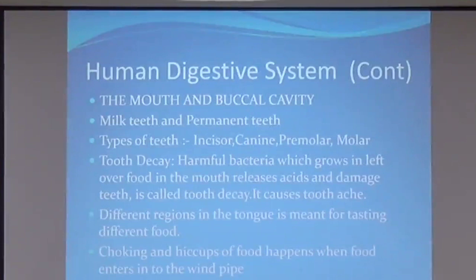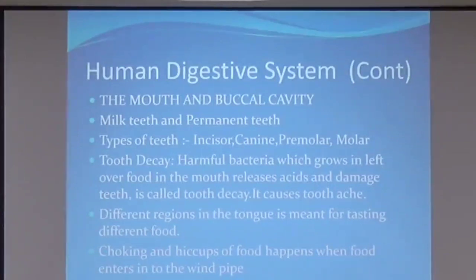When you were young, they were called milk teeth, and those were broken off and then replaced by a permanent set of teeth. The permanent set of teeth has different types in it. Let us see what they are. They are incisors, canine, premolar and molar.